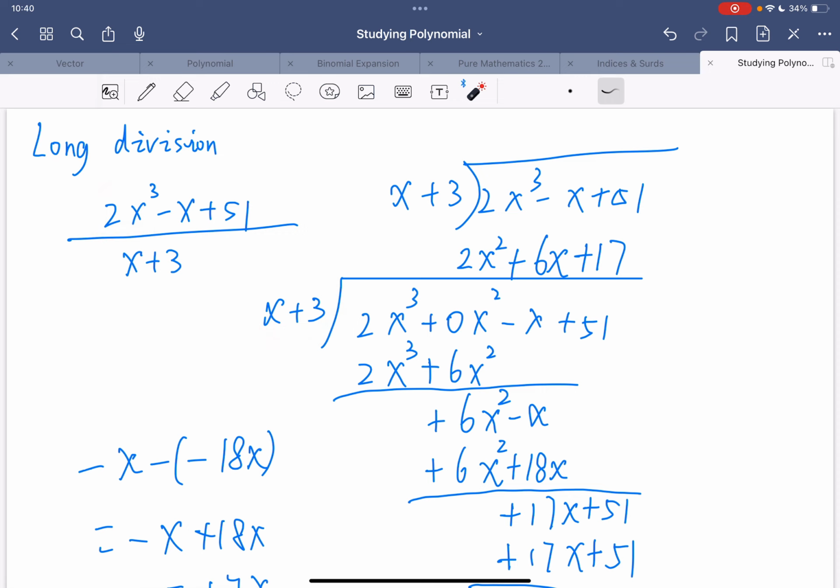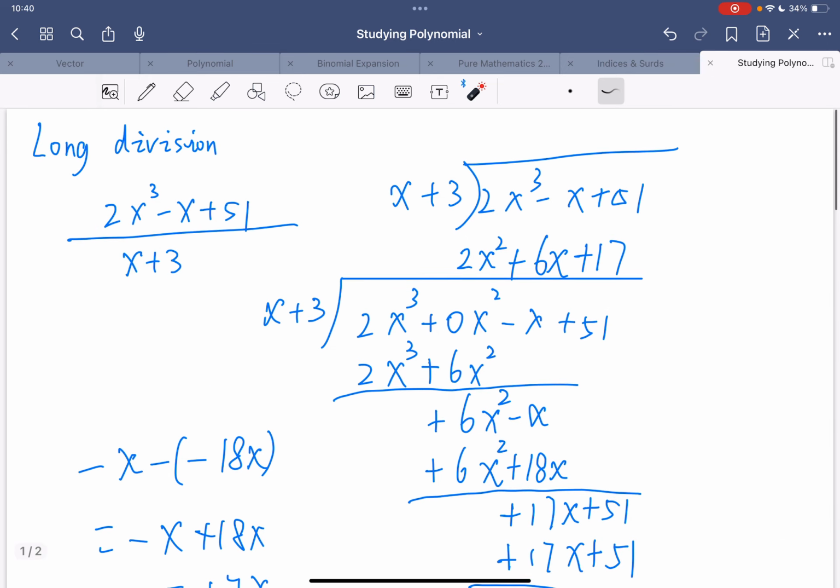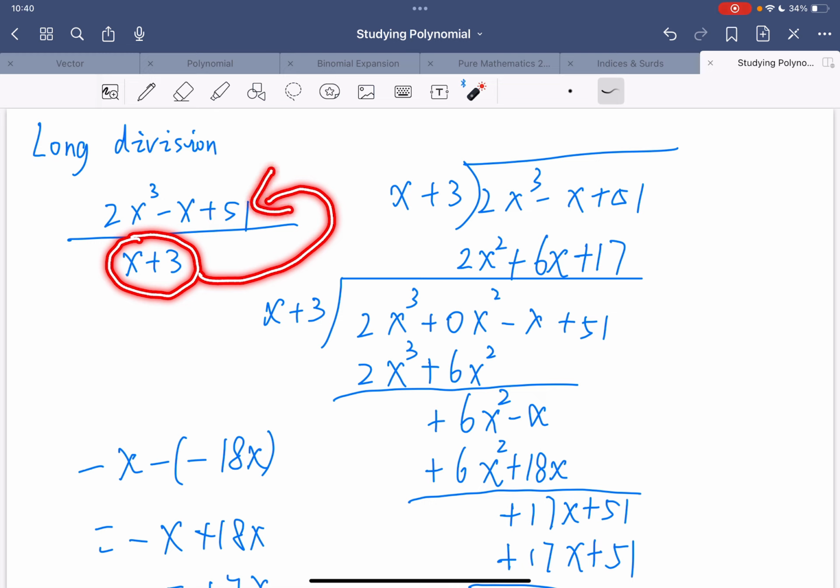Because after the long division, we can find that there is no remainder, which means it is exactly divisible by this one. That's why this one is a factor of it. Clear?